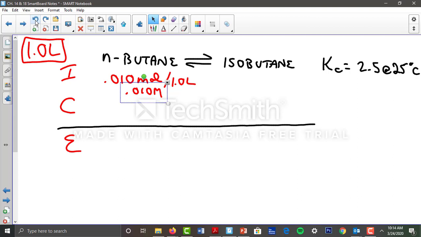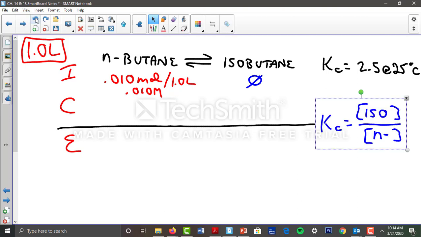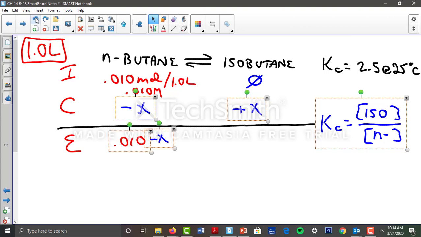So if you start with that, initially you have 0 isobutane. So we can now set up our ICE table. It's a 1-to-1 ratio here. So it's iso over N-butane, products over reactants. That has to go up some amount. N-butane has to go down some amount. So you're going to get 0.010 minus X and X.